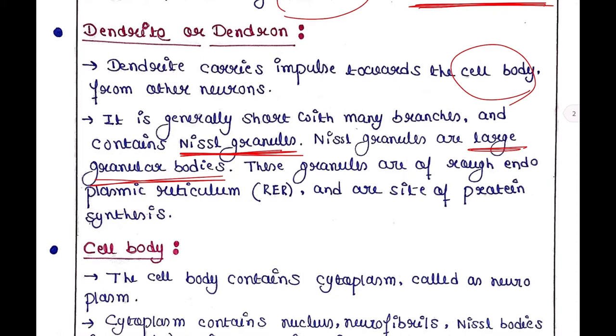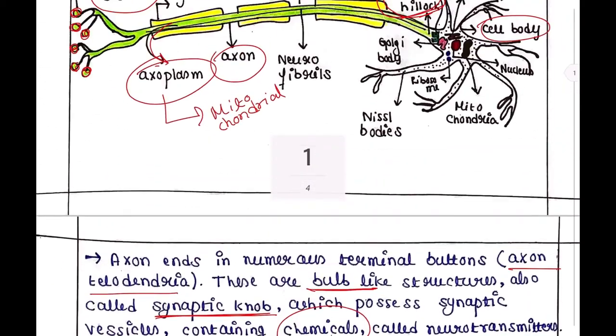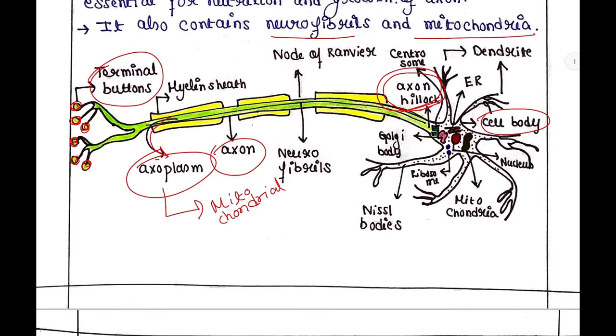These granules are of rough endoplasmic reticulum, that means RER, and these are the site of protein synthesis, because we know that RER, rough endoplasmic reticulum, they are the site of protein synthesis. We will see this in the image. Okay, so this is dendrite.